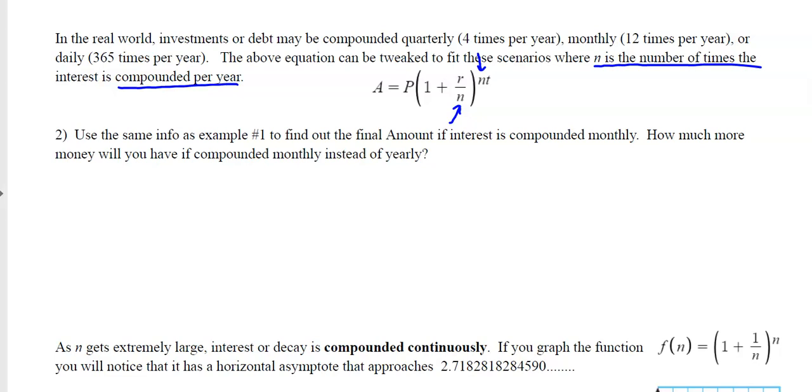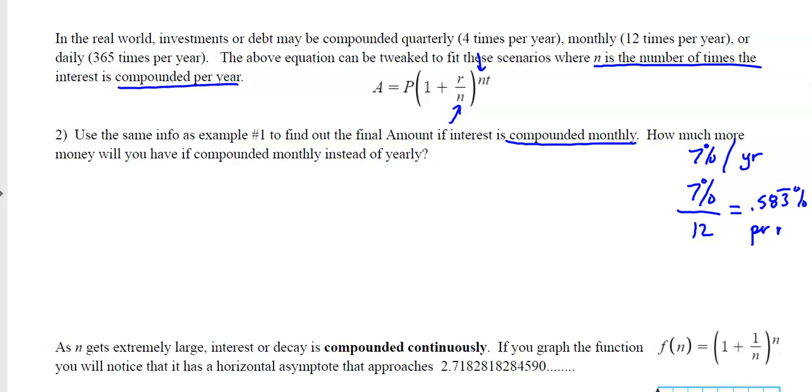We're going to use the same info as above, but see what happens if they compound it monthly. If you get 7% for every year, and we compound it monthly, we divide that 7% by 12. Let's pop that in our calculator. 7 divided by 12 is roughly 0.583 repeating percent per month.